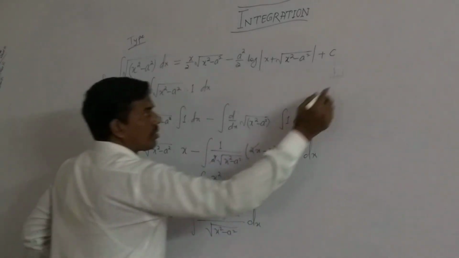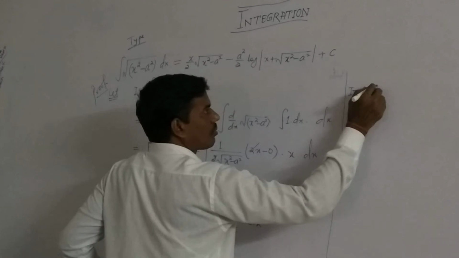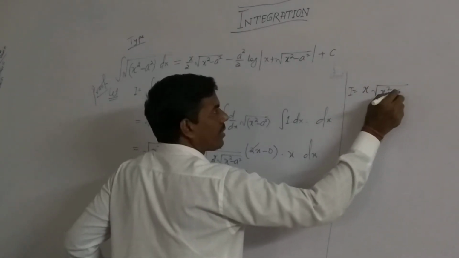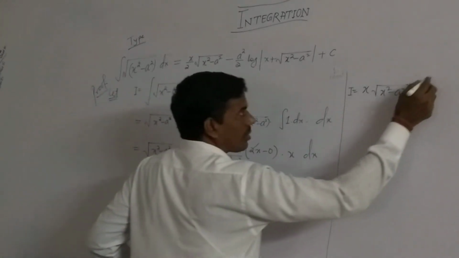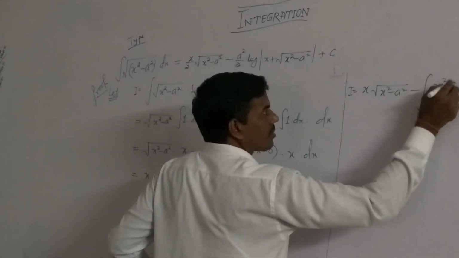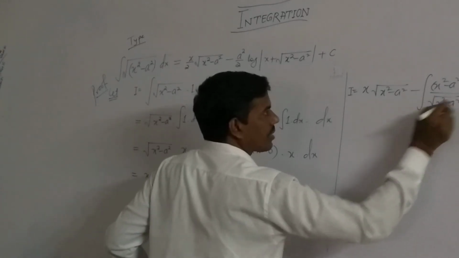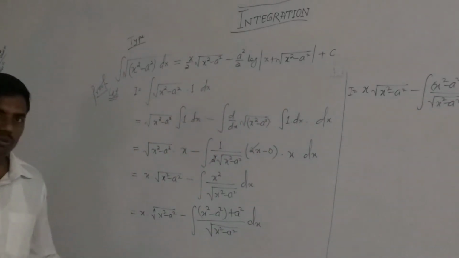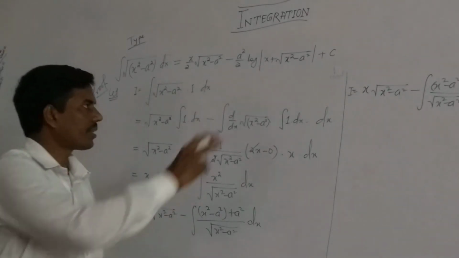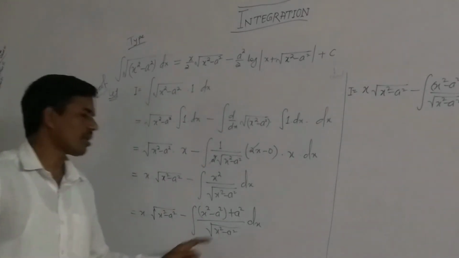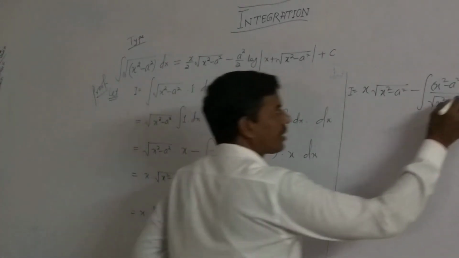Now I is equal to x into under root of x square minus a square minus, this one is x square minus a square upon under root of x square minus a square, means distributing the LCM, writing as x square minus a square upon under root of x square minus a square dx.